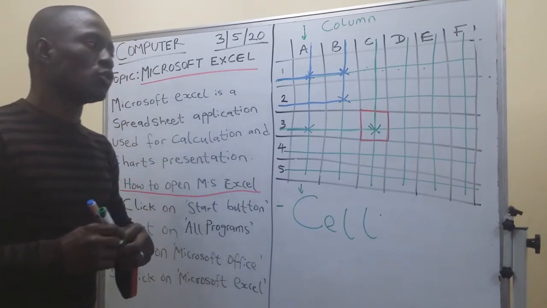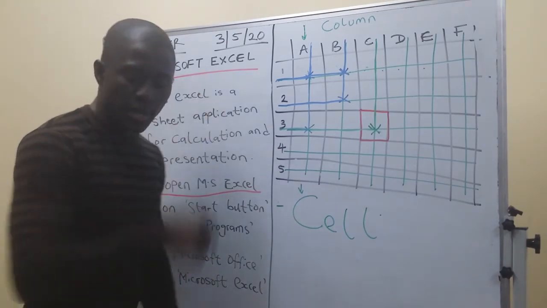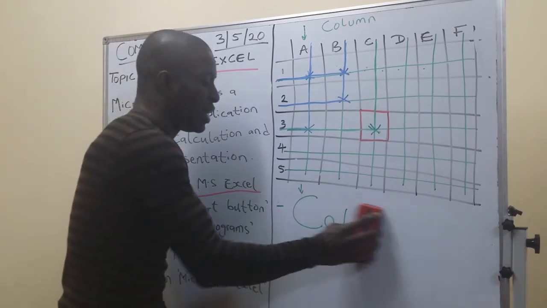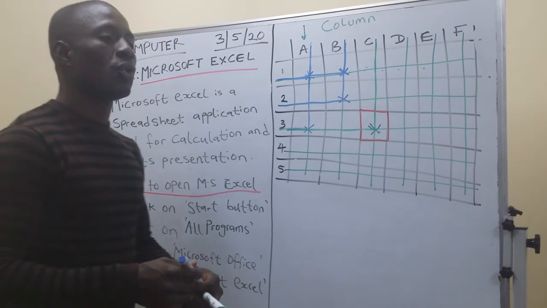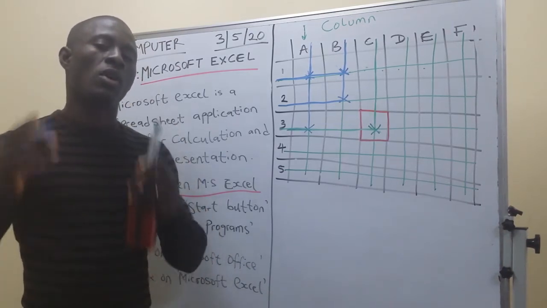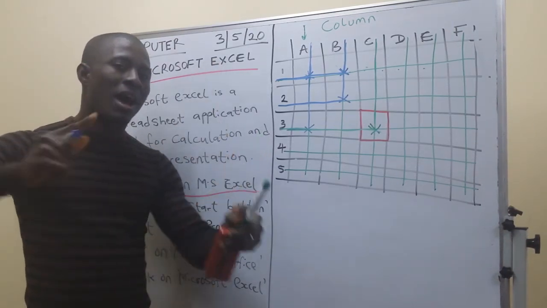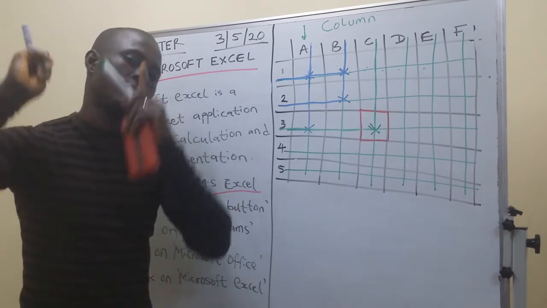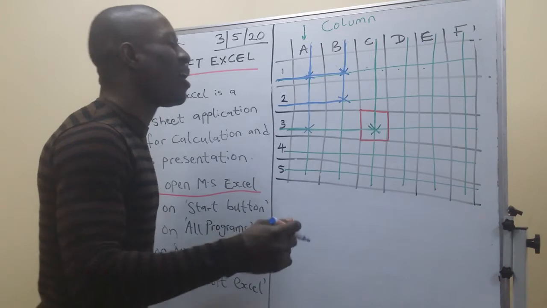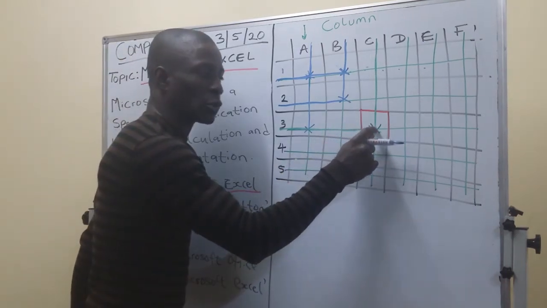So, how to know the individual name of each cell is you have to take note of the column and the row that formed that particular cell. Now, what is the individual name of this particular cell?